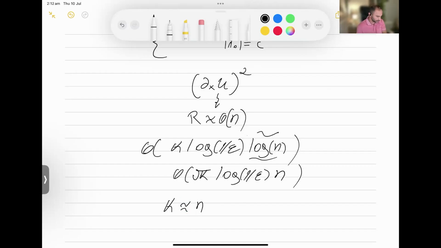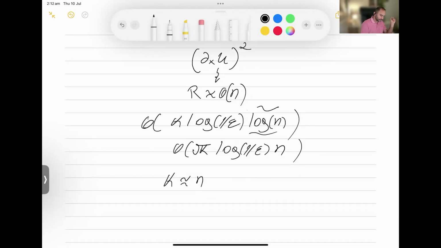So in practice, you'll have to deal with that. If the condition number is proportional to the dimension of the system, the matrix of the linear system that you are trying to solve, you already don't have any exponential speed up. You have a polynomial speed up instead.